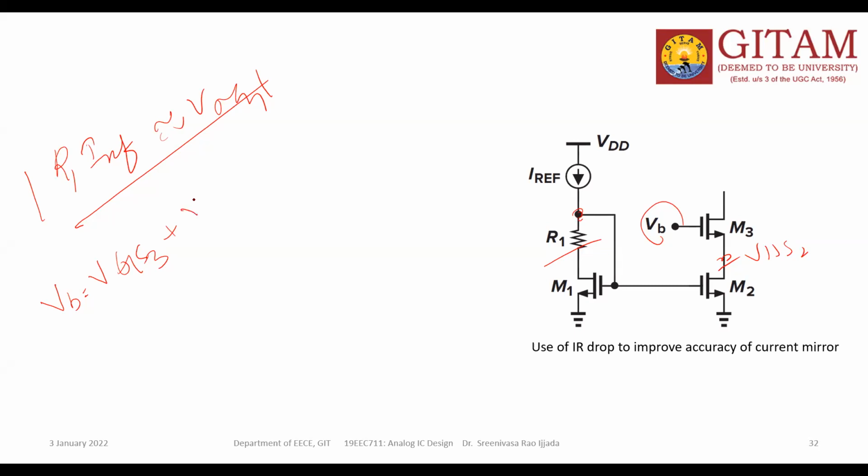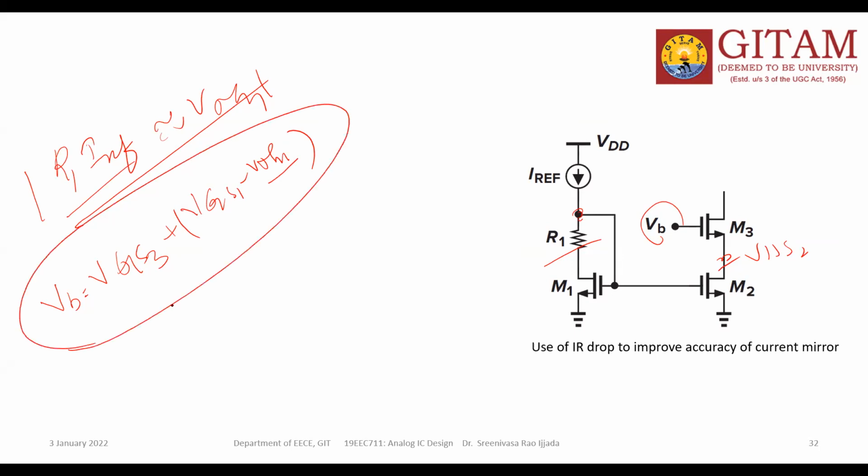We can write it as overdrive voltage, VGS1 minus VTH1. What is the VTH1? This fellow. So it is not straightforward. The generation of this VB, this equation is not straightforward. You cannot directly generate it. These are the two issues with this circuit.